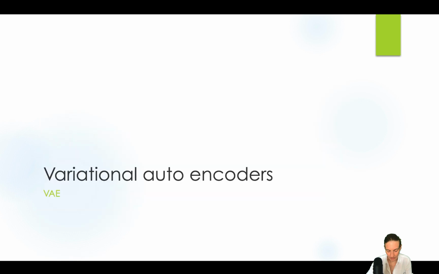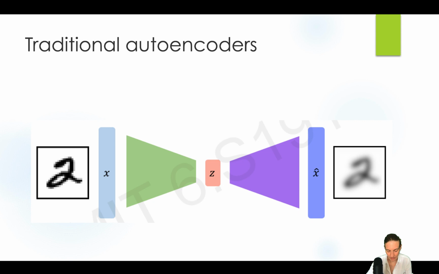All right, this brings us to a very interesting and popular type of autoencoder, which is called variational autoencoder. It's a very strong model that is able to very effectively disentangle different features. If we have our typical autoencoder, it's very deterministic.